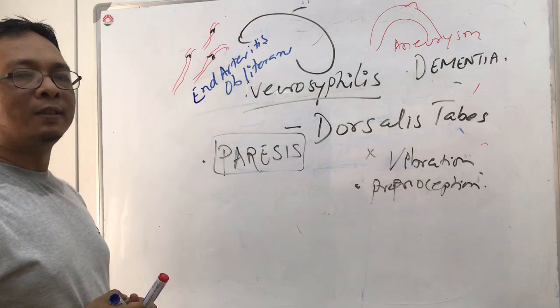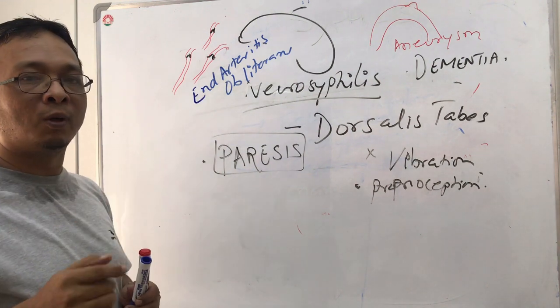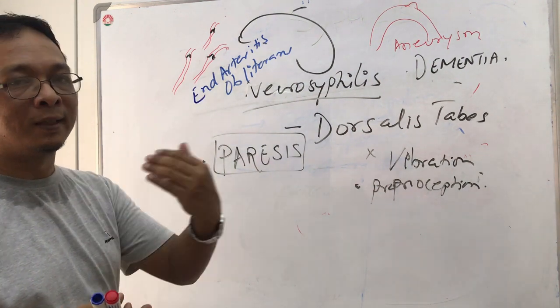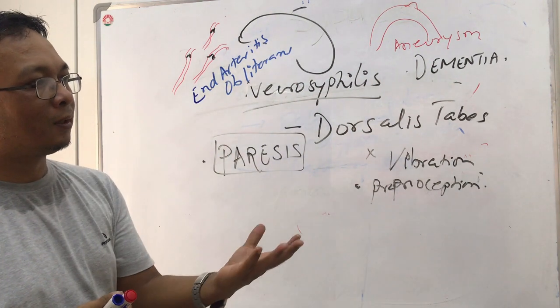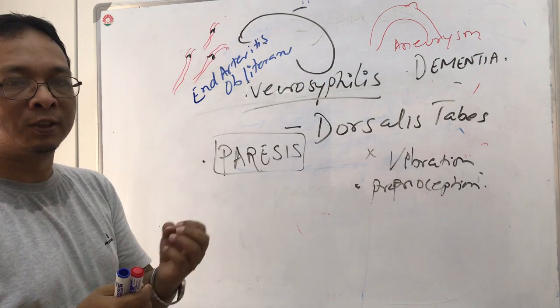When there is end arteritis obliterans, if these small vessels are blocked in the extremities, it can lead to gangrene of the distal part. The distal part will have hypoxic changes, and it can lead to destruction of the tissues also.